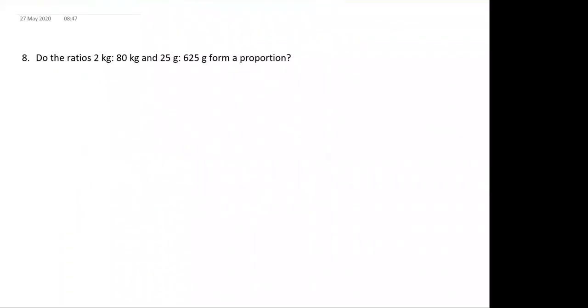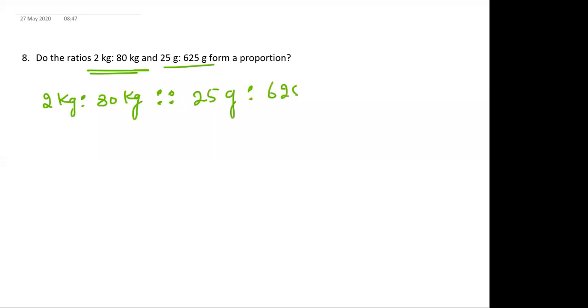Next question. Do the ratios 2 kilogram to 80 kilogram and 25 gram to 625 gram form proportion? So in order to do that, write 2 kg ratio 80 kg, and 25 gram ratio 625 gram, right? 2 upon 80 is equal to 25 upon 625.